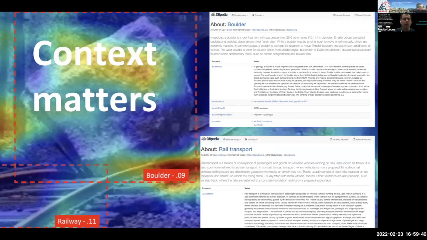It's really the concepts. If you do the same exercise and look at boulder, from a pragmatic perspective, you just look at those concepts, and then you start seeing that boulder and rail transport are connected, that boulders are causing X percentage of accidents globally.